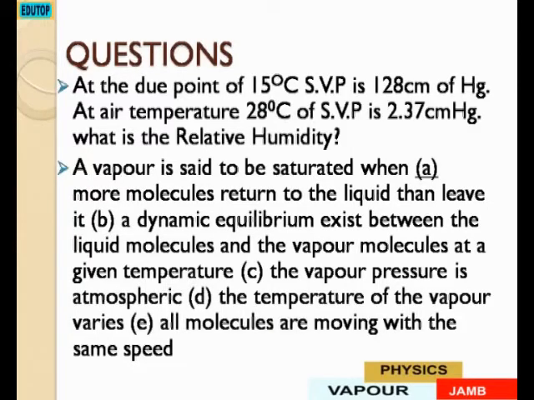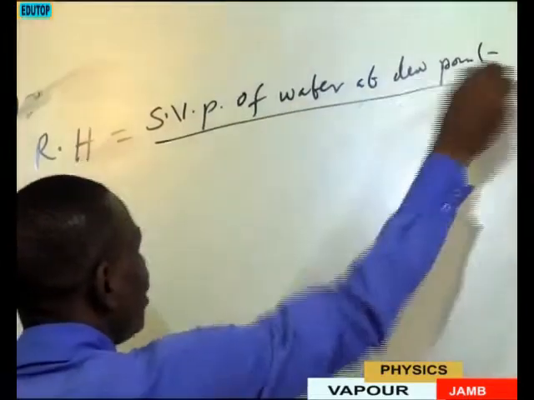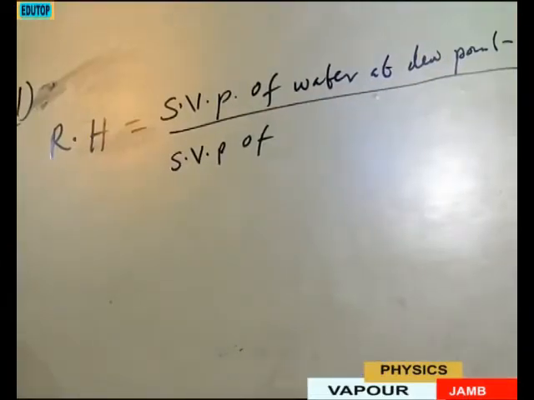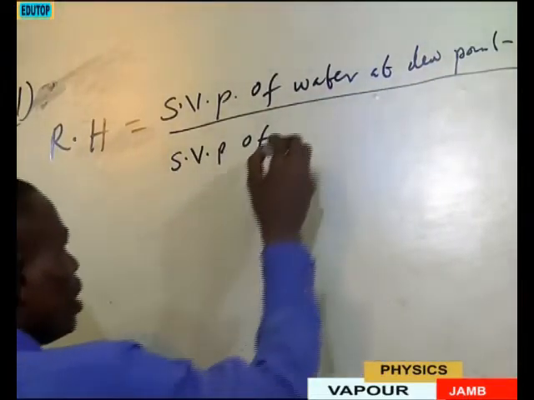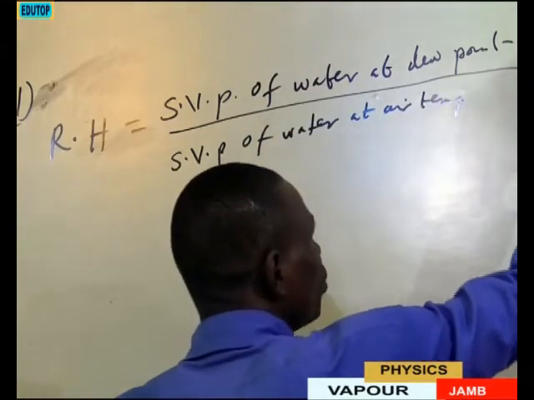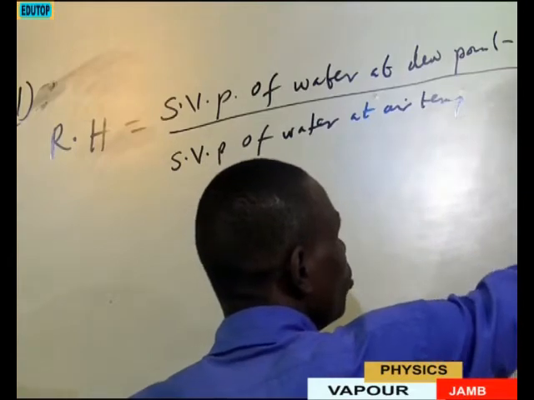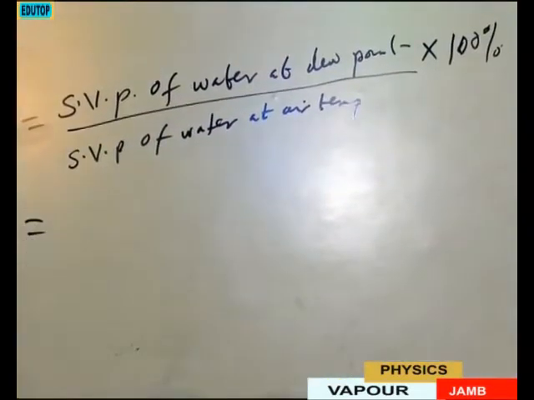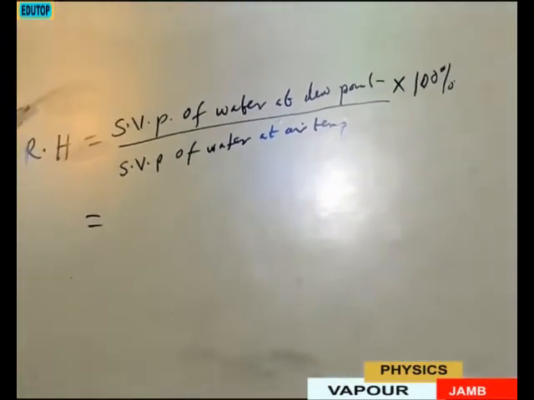What is the relative humidity? Relative humidity is equal to SVP of water at dew point divided by SVP of water at air temperature, everything times 100%. We are making use of this formula now to calculate the relative humidity.